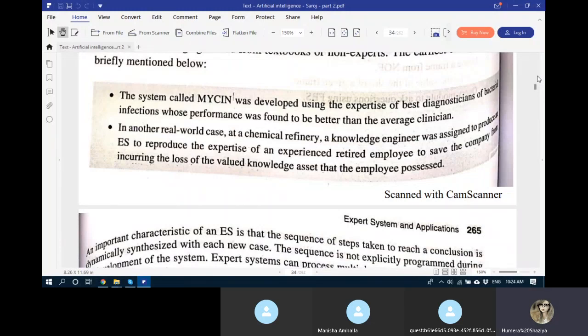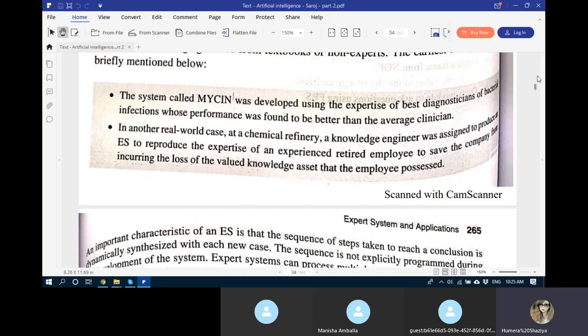Diagnosticians are nothing but those who diagnose what type of disease or condition a person is suffering from. So the best diagnosticians of bacterial infections were asked, and the knowledge was collected and then coded in the form of a computer program called MYCIN.